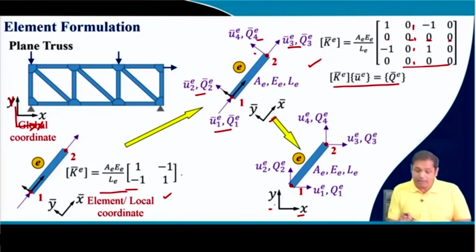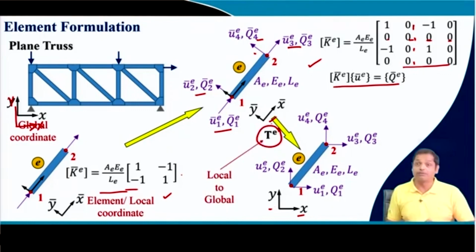This transformation needs to be discussed, and this transformation, TE, is called the transformation matrix. We will derive the transformation matrix, and this transformation matrix transfers these equations, which are written in the element coordinate system or local coordinate system, to the global coordinate system.